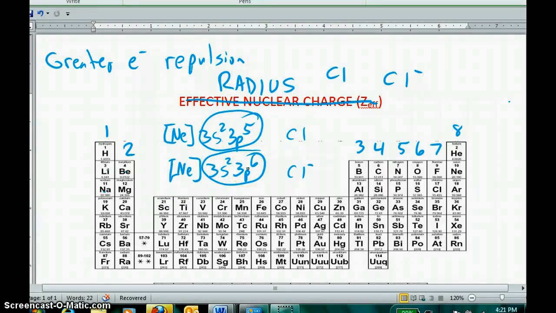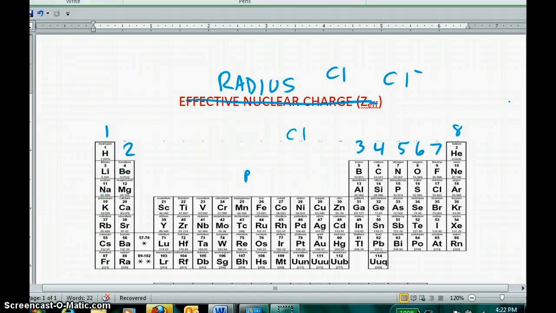So now I have the answer in terms of radius, because the only difference between these two atoms is that the anion has greater electron repulsion because it has more valence electrons to repel each other. They're going to spread themselves outward more than these 7 valence electrons would, and that necessarily means that chloride would have a larger radius than chlorine.